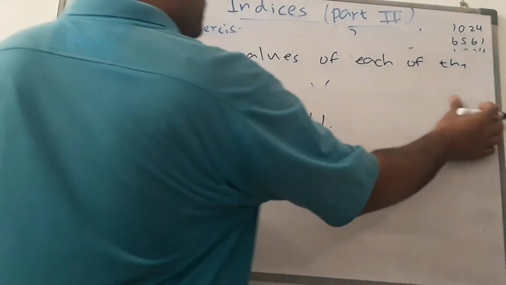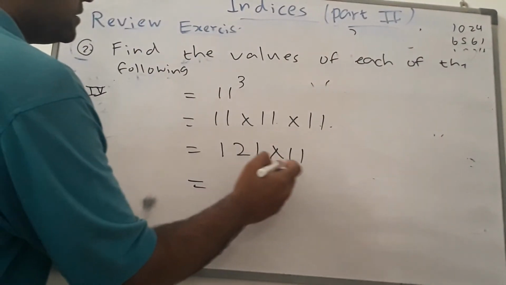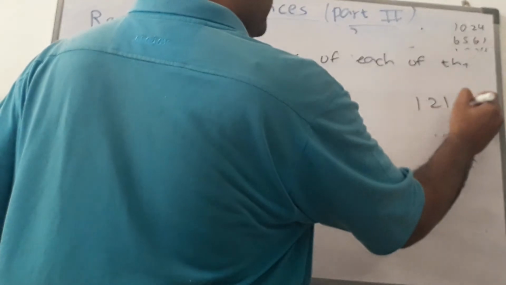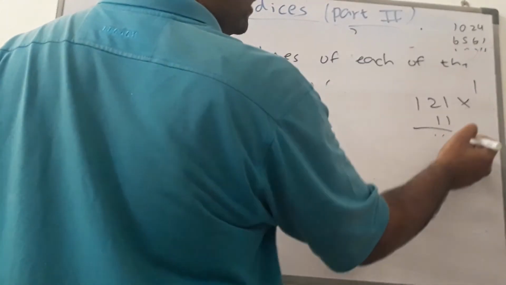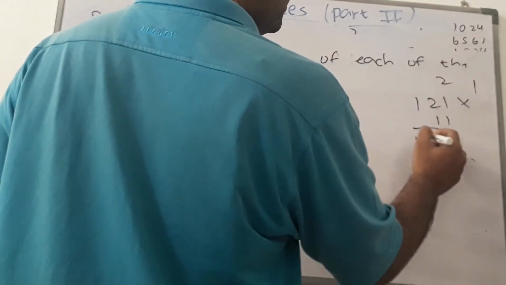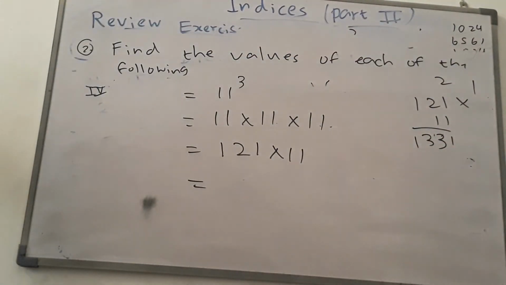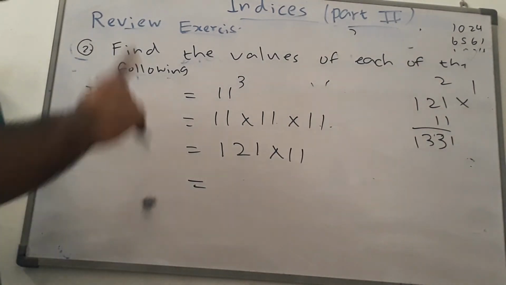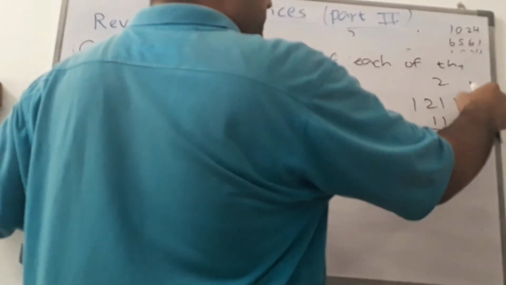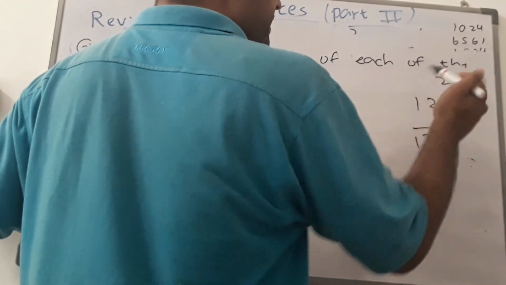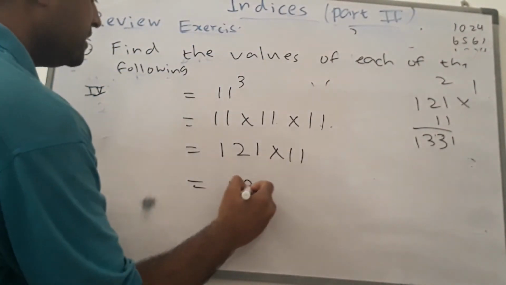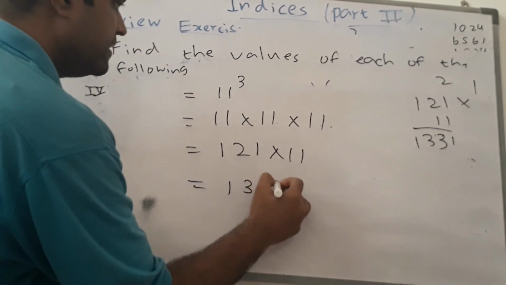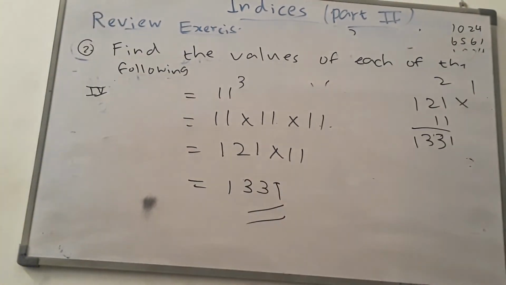So 11 times 121: 11 times 1, 11, 1 carried over to the next column. 11 times 2, 22 and 1, 23. 2 carried over. 11 times 1, 11 and 2, 13. So the answer is 1331.